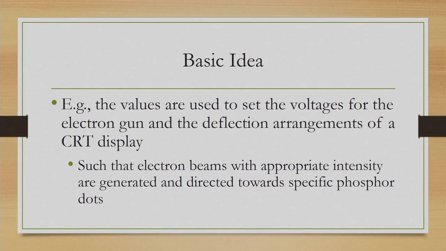As we have already mentioned, in a CRT display, this picture drawing is done by an arrangement of electron guns which emits electron beams, and there is a mechanism to deflect those beams to specific regions on the screen where phosphor dots are present, and when the beam hits the phosphor dots, the dots emit photons with particular intensity, that is light intensity, which gives us the sensation of a colored image on a screen.